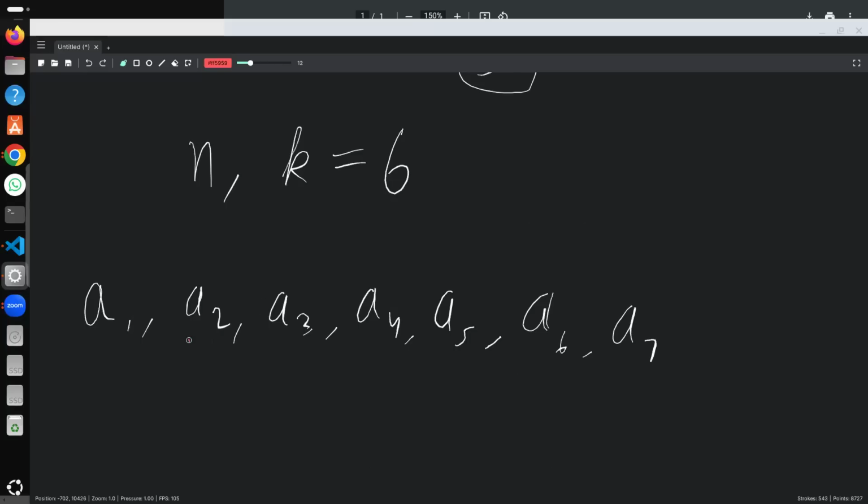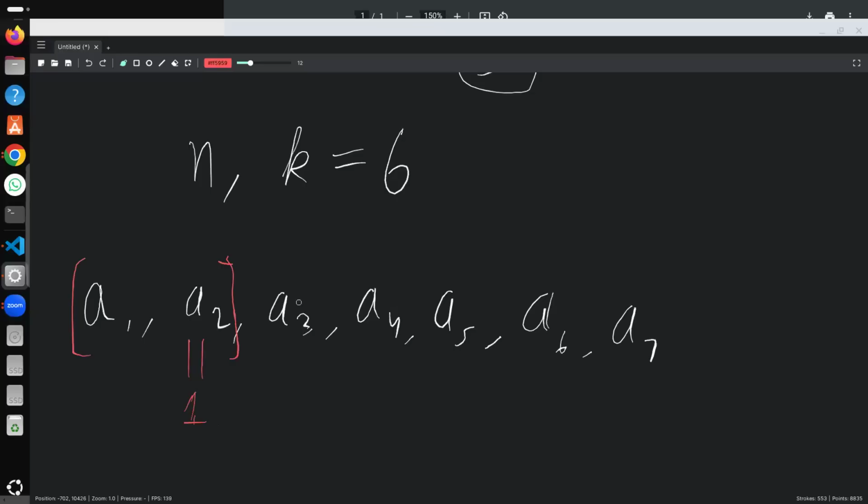Okay, but what if it is equal to 1? Then what we can try is, what if A3 is not equal to 1? Then we'll try to make A3 the first element. If we want to make it the first element, then we would have to take these two elements as one subarray, because we don't want to take these two elements. So in that case, A3 will become the first element.